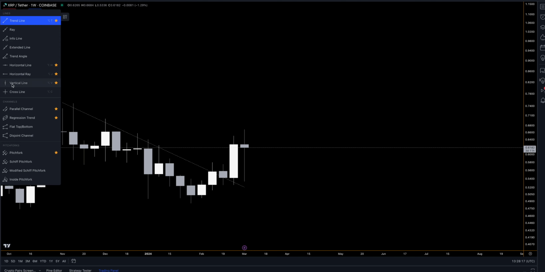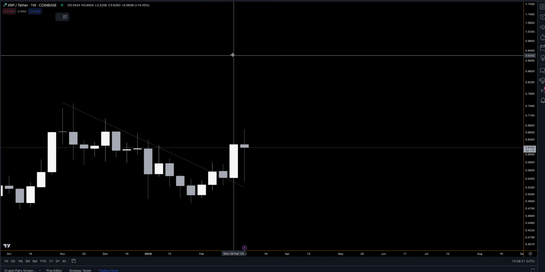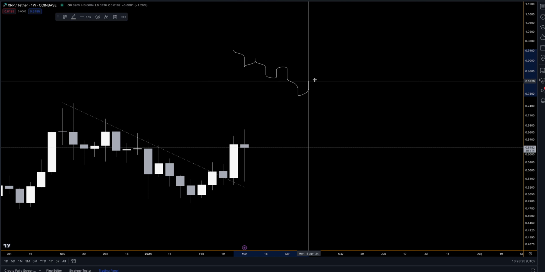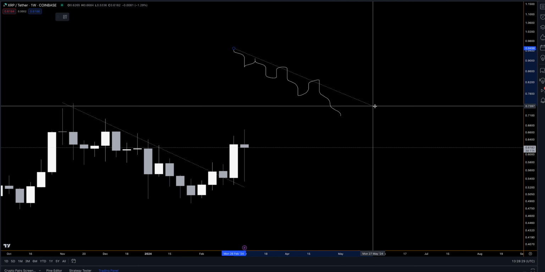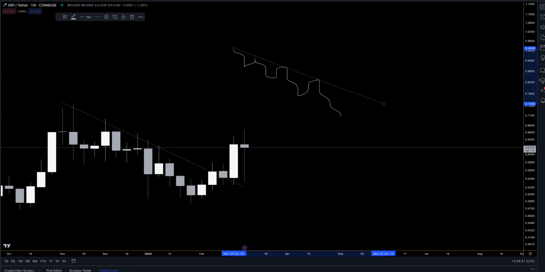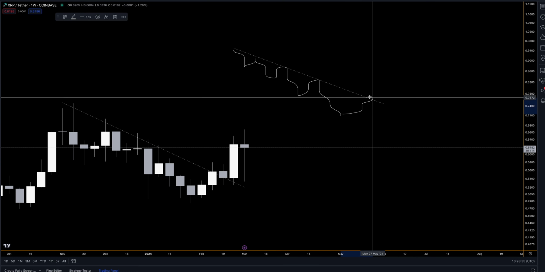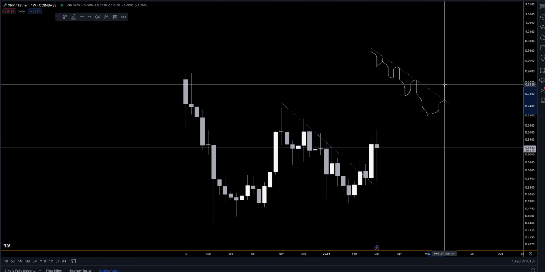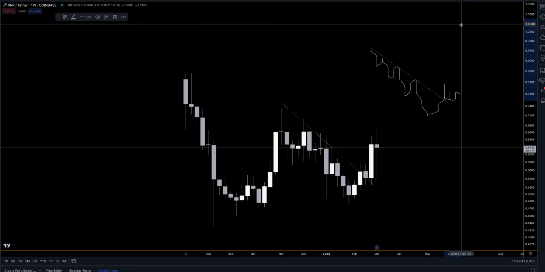So I'm going to show you here. This is your downtrend here. Okay? And then this is your trend line. We break above it, form a few dojis and indecision, and then we have a bullish engulfing.